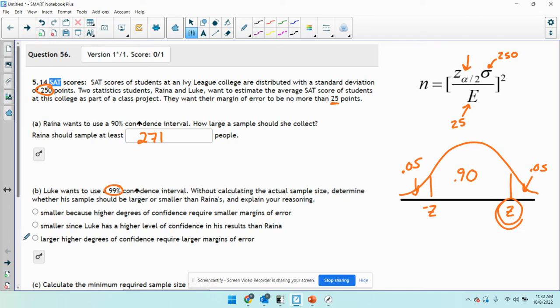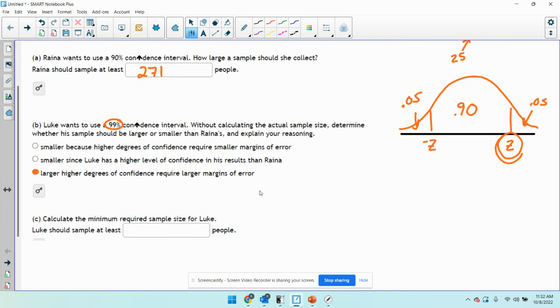It should say larger because higher degrees of confidence. This is the answer, but there's not a question like that hopefully on the problem set. I will verify that, and if there is, I will give you the points back for that. But I would disregard this question right now because these are worded very, very poorly. If he wants to be more confident, then we'd have to have a larger sample size.